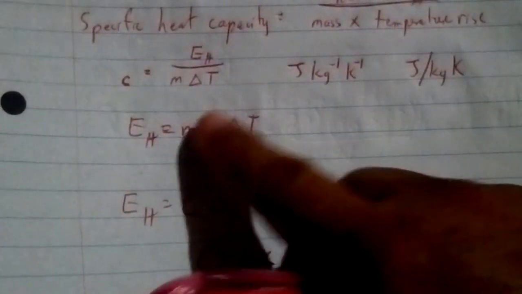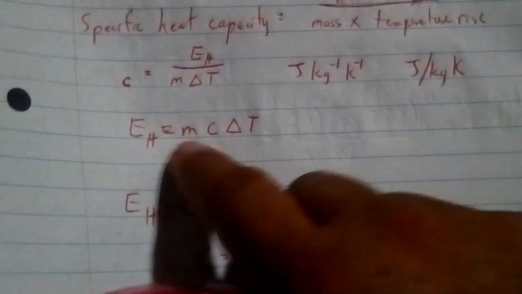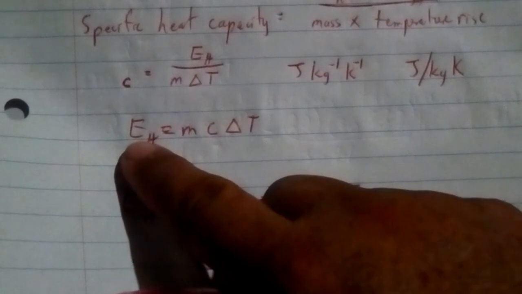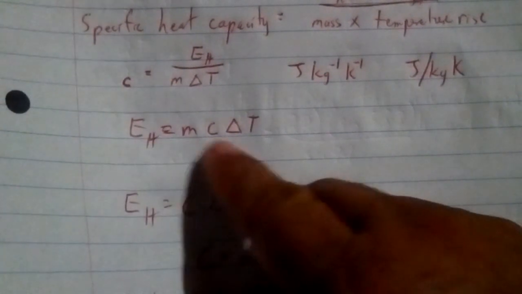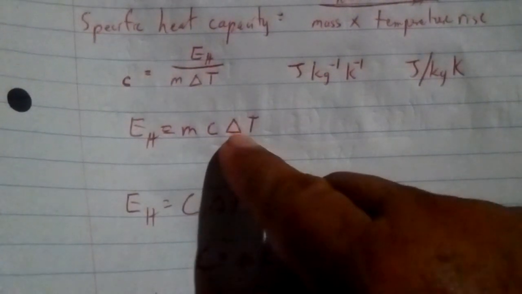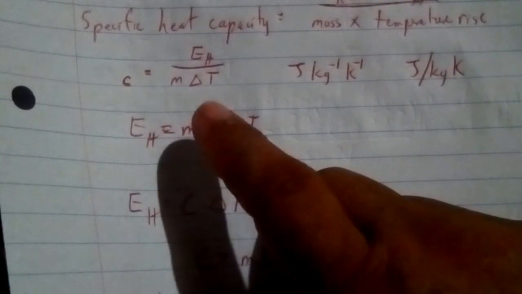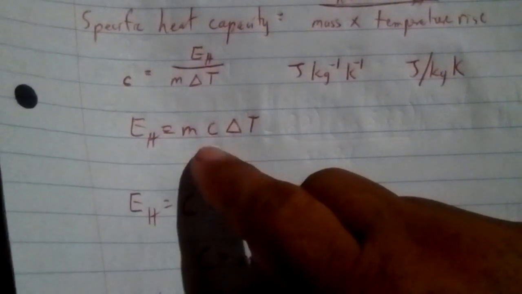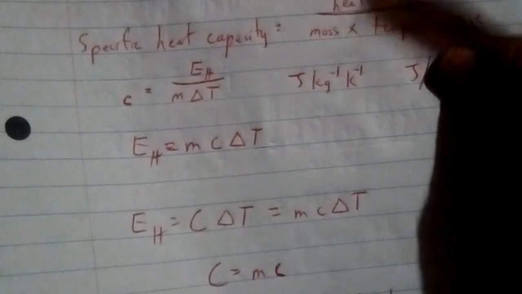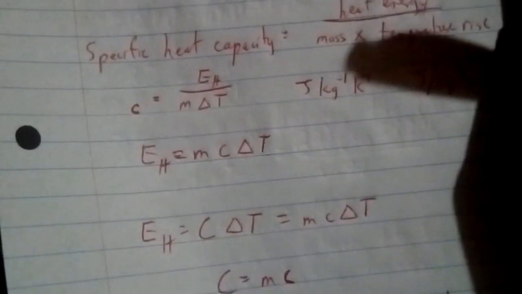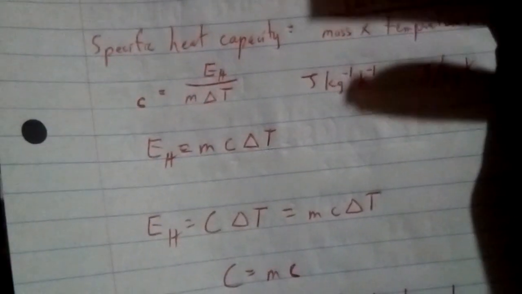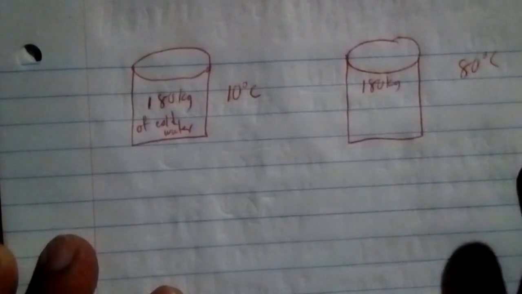You will be using this equation because we want to know the amount of heat energy. We have the mass, we have the change in temperature that it should go through, and we have the specific heat capacity of water. The specific heat capacity of pure water is standardized. So for this topic, it will be given to you, or you may need to solve for it. Okay, so let's go and solve this problem.